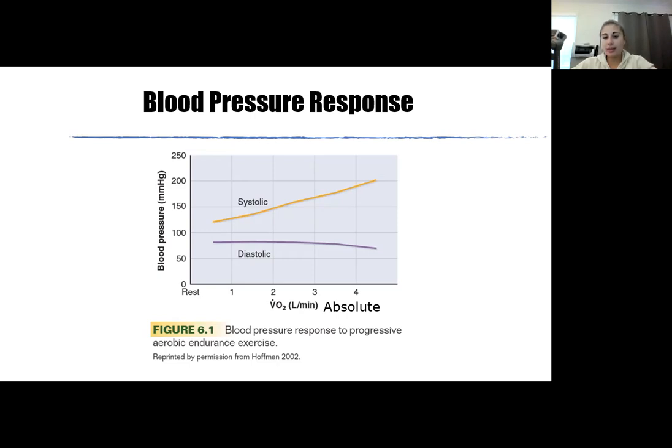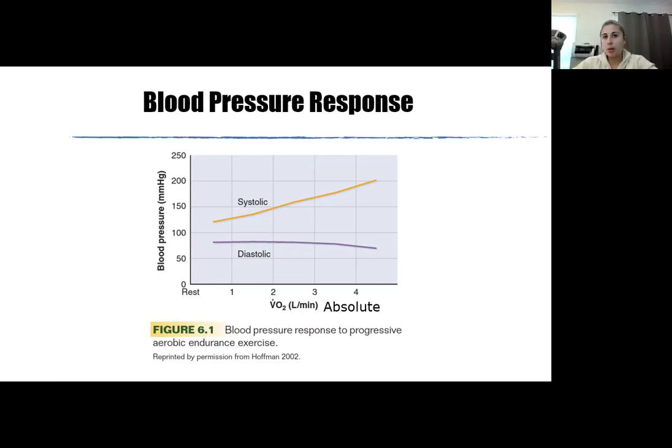As the intensity goes up, systolic blood pressure will go up. And as intensity goes up, diastolic doesn't really change. It might decrease slightly at maximal, as you can see here, but very, very little, if anything, but you could just say no change.